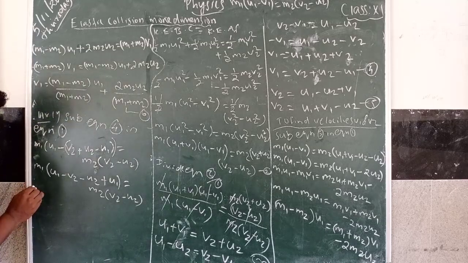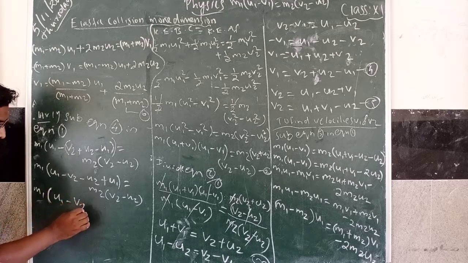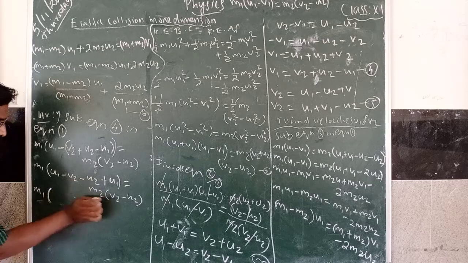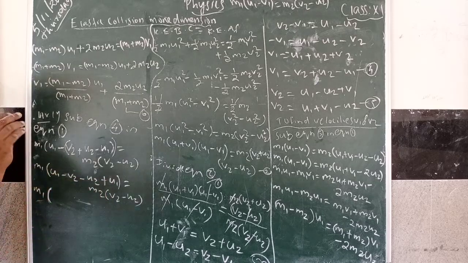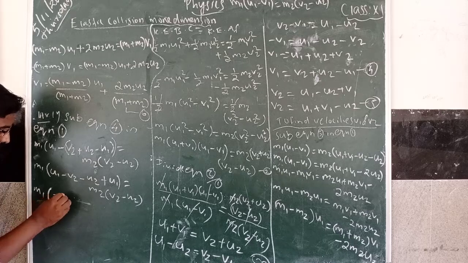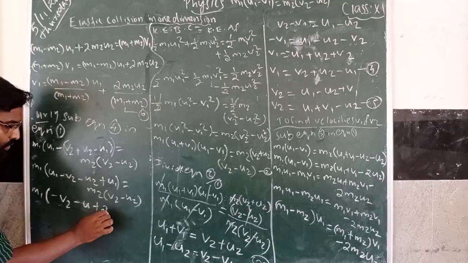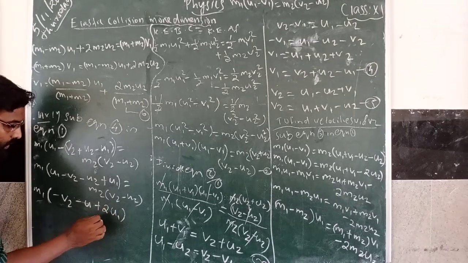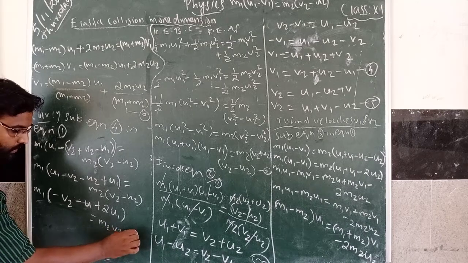Now M1 into U1 minus V2, so U1 plus U1 is 2 U1, so minus V2 minus U2 plus 2 U1 equal to M2 into V2 minus U2.